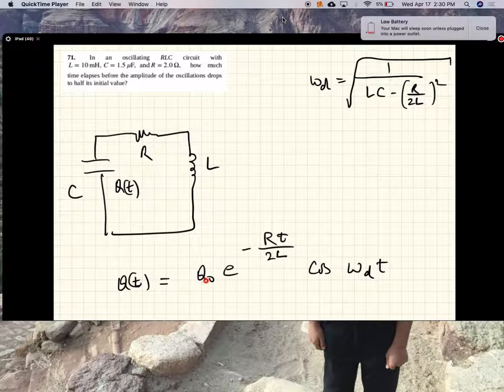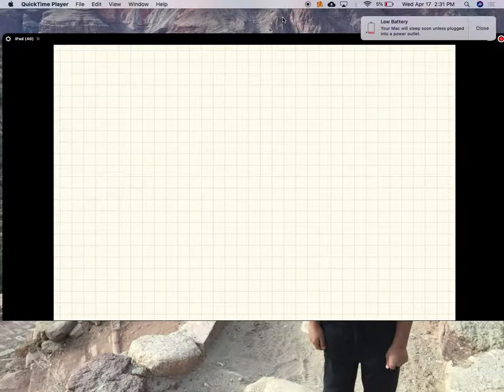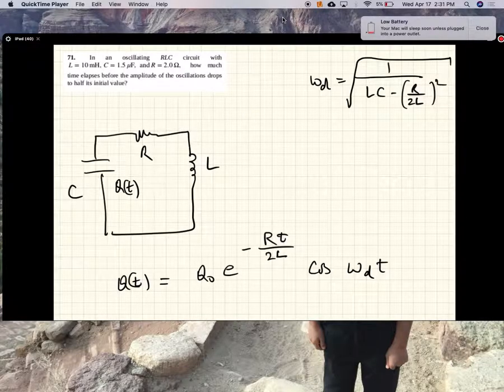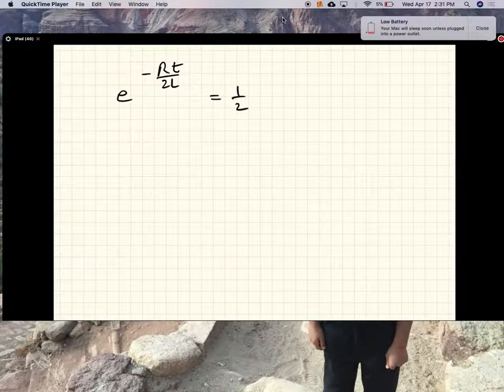Its initial value is Q naught, and at what time will this become 1/2 is the question. What we want is e to the power of minus Rt by 2L to be half, assuming this expression is correct. You guys can check this, and if it's not, I'll fix it later. No, I won't fix it later because this is being recorded.